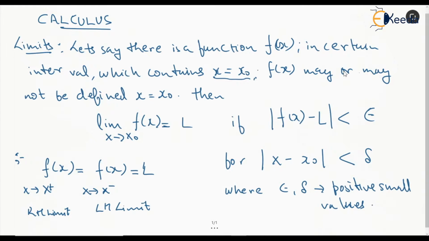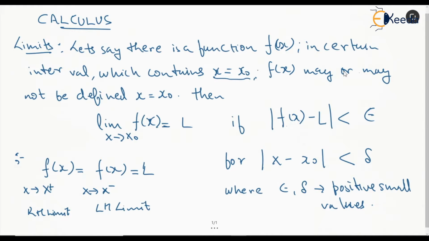Then the limit is given as x tends to x naught of f of x equal to L if the mod value, this is the mod value of the distance or the difference between the function value and a certain constant L, which has to be less than a finite value, which is a positive finite value epsilon, for all the x which is approaching x naught, the difference x minus x naught being less than del naught.